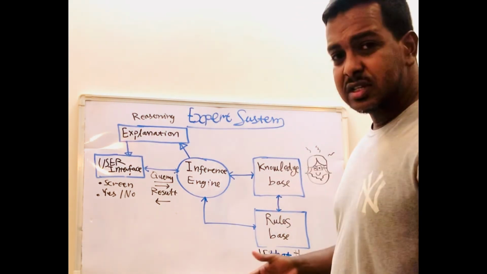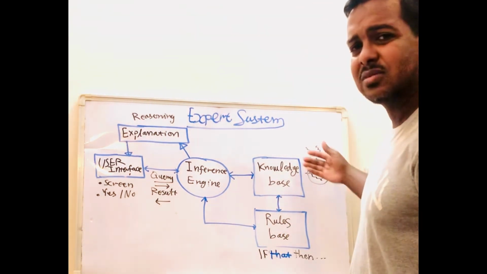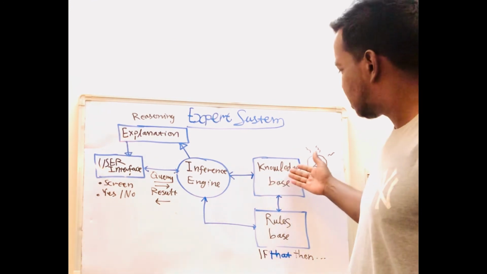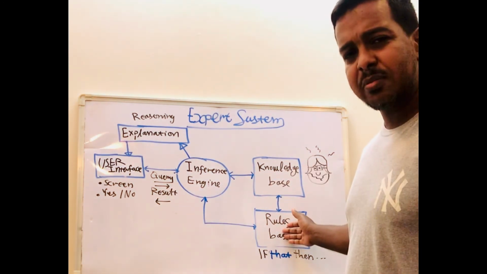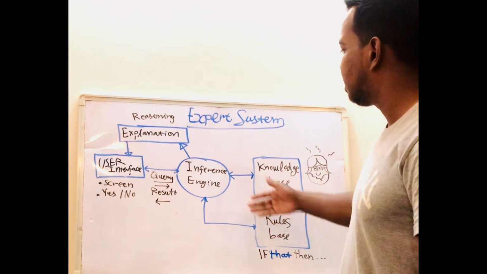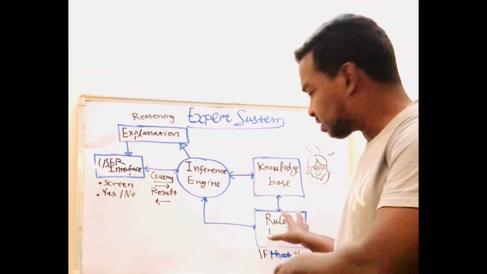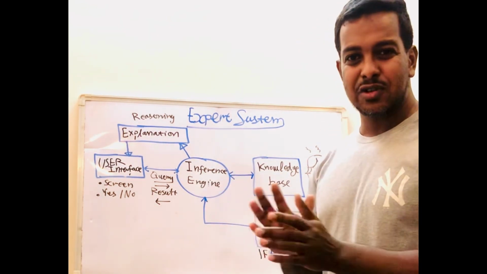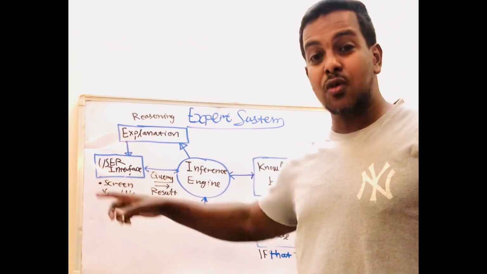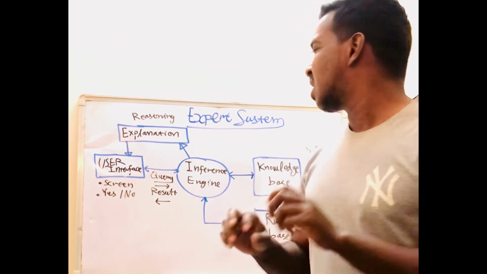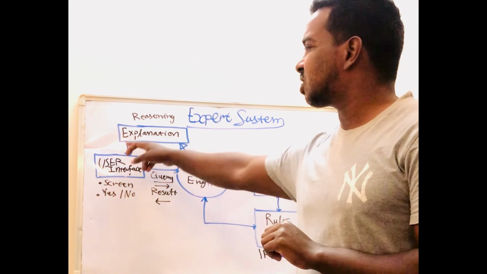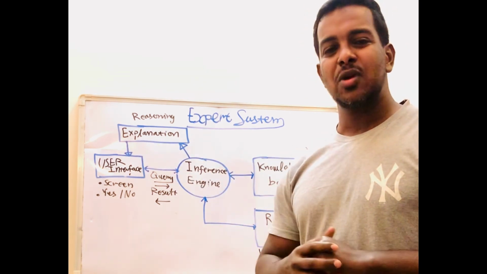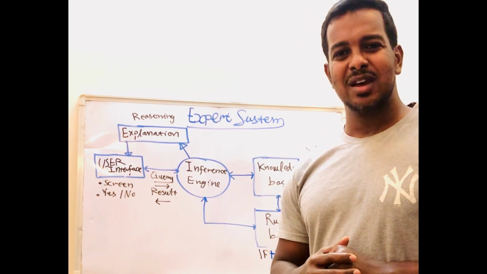So in this case it is also an expert system: the engineer puts in the knowledge base, the rule base is developed by the programmers, the inference engine is the part of the software that searches for a match from the user or from the sensors in that case, and the explanation will follow. I hope you understand what an expert system is, and I will see you next time.